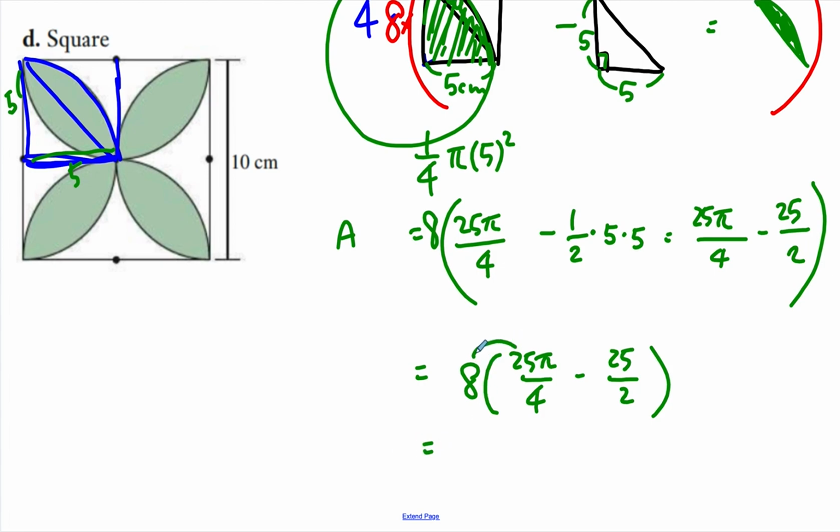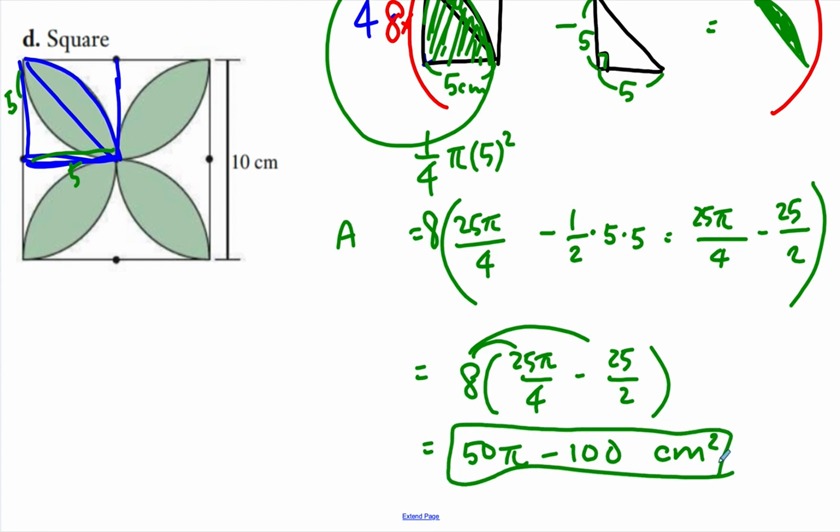So I can distribute 8 to each of them. Then I get 4 times 1, 4 times 2, 2 times 25, 50 pi. And 2 times 1, 2 times 4, 4 times 25, 100. This will be my area for these green leaves. And what is my unit? Square centimeter.